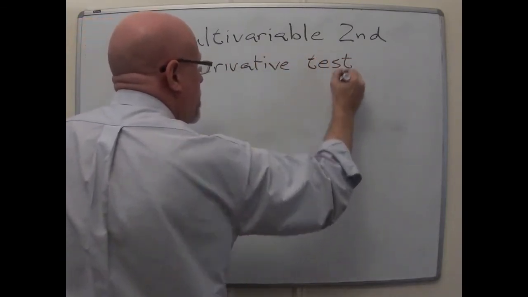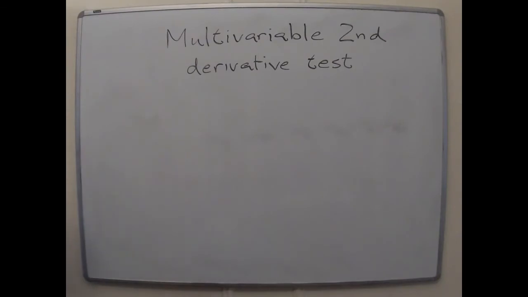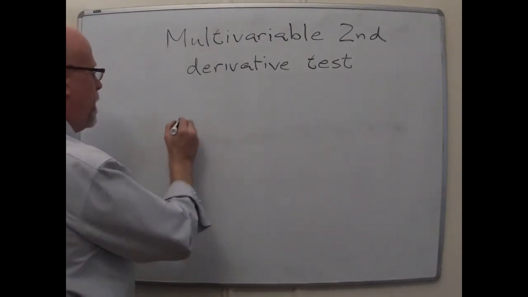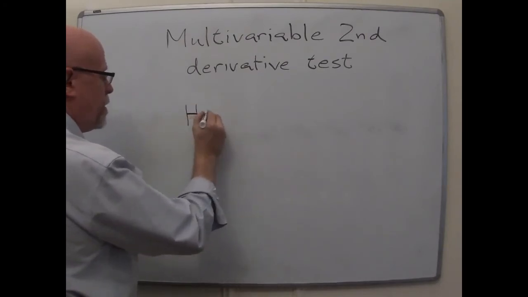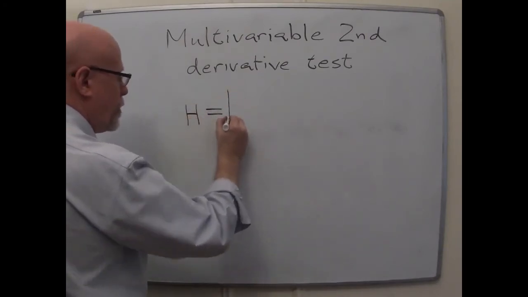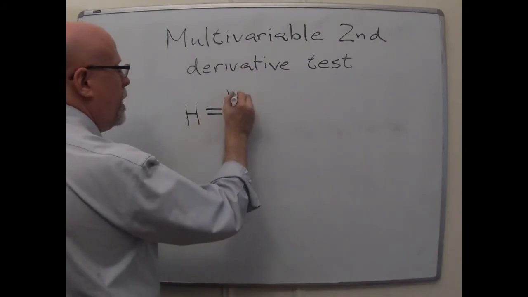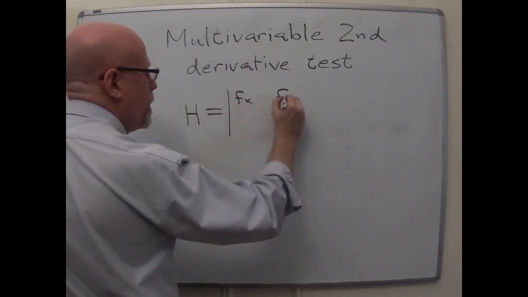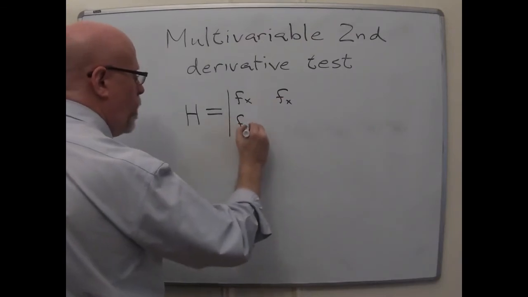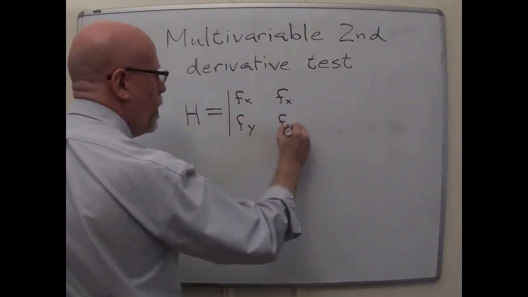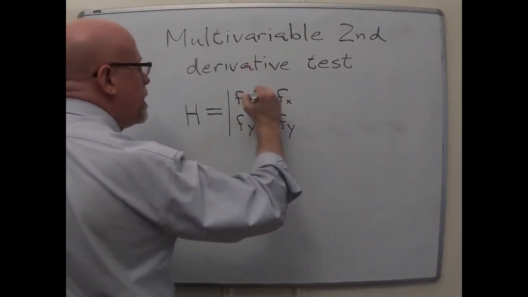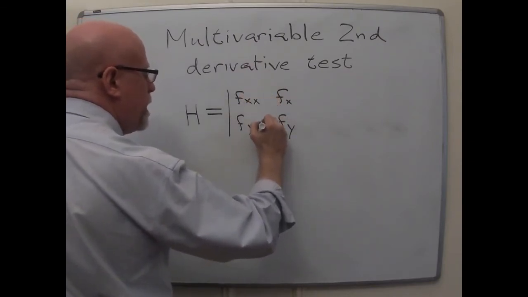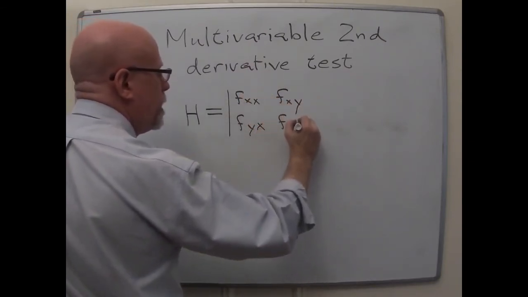Oh, shoot, I just remembered. I had promised to tell you where h came from, so I want to do that before we pass on. What h actually is, is a determinant of a little matrix, so that's 2 by 2. The matrix has f sub x x, f sub x y, f sub y x, and f sub y y.